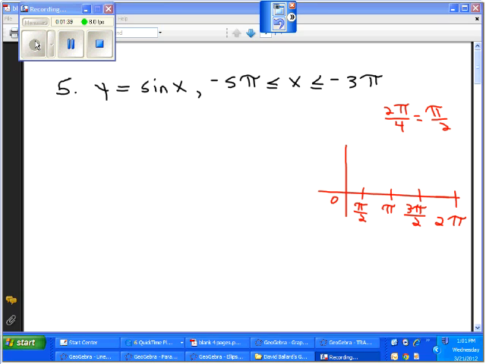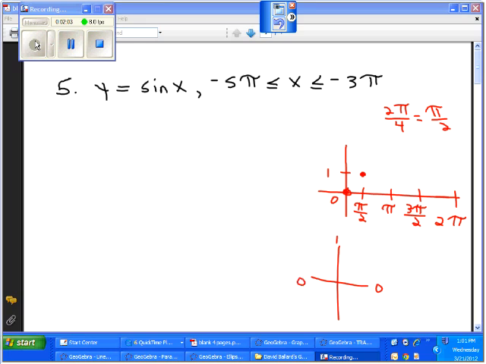And then we began to go to our unit circle, and we began to think, okay, what is the sine of 0? And the sine of 0 was 0, so my sine wave started there. And we said, okay, what's the sine of pi over 2? And the sine of pi over 2 was 1, and we had a dot right there. And we said, well, what's the sine of pi?